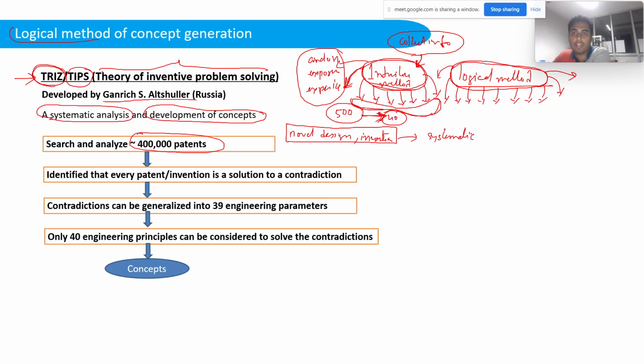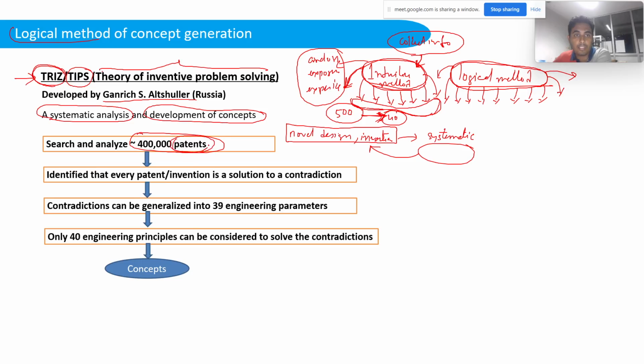Is there any way we can make a tool so that the tool can be used to come up with something novel and inventive? So what did he find? He analyzed 400,000 patents.